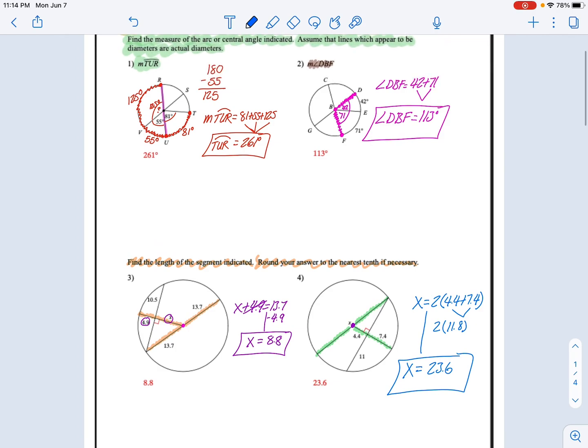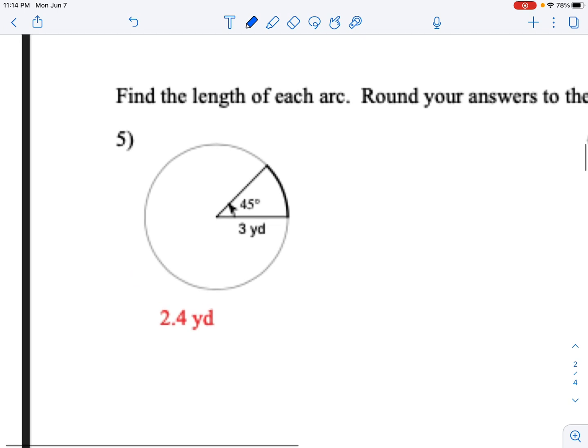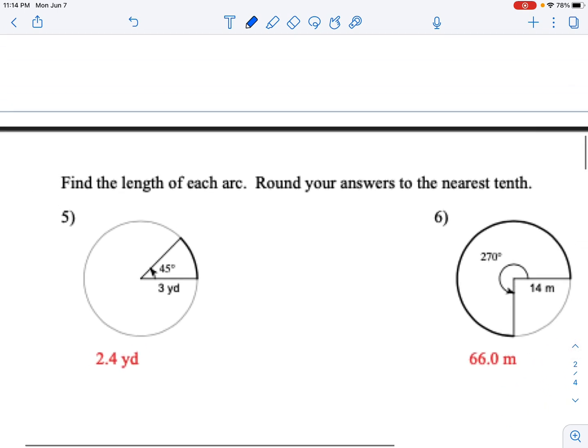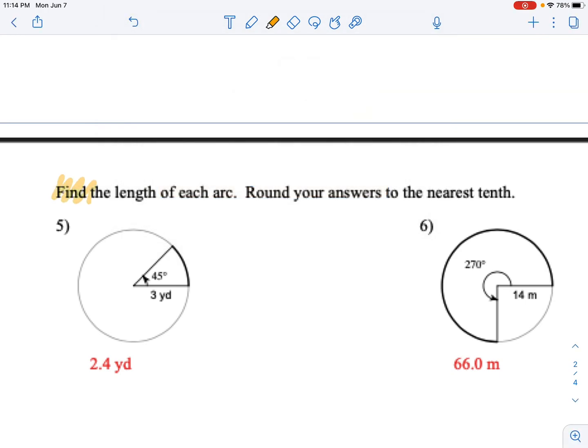All right, so you will definitely see some of these in the quiz. Working with chords, working with vertices. All right. So let's look at the next set of instructions. The instruction says, find the measure of each arc.